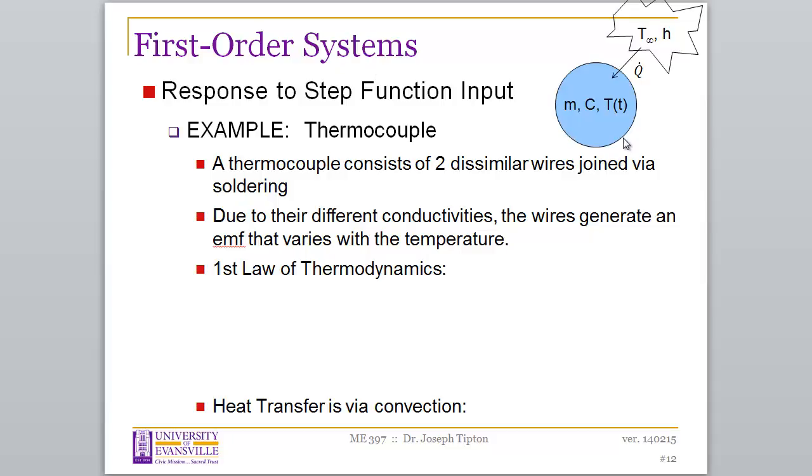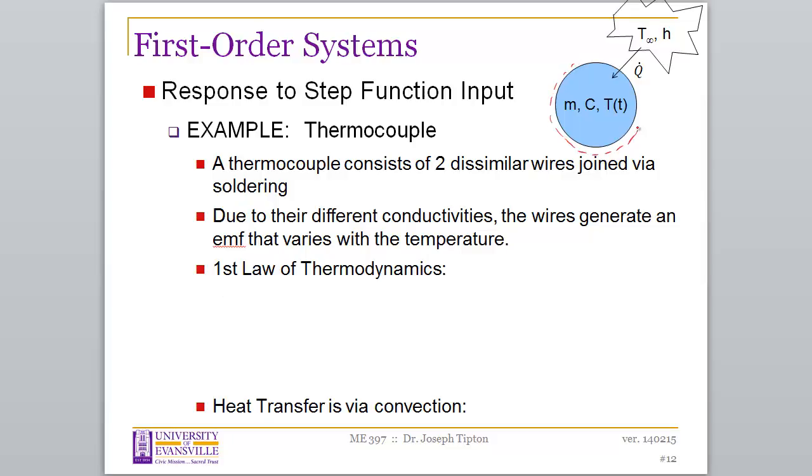Schematically, here's the solder bead. And we know that solder bead has a thermal mass, so it takes time for it to come into equilibrium with its environment. We'll use the first law of thermodynamics to help us model this and see how this is a first-order measurement system. Well, remember, we can write the first law of thermodynamics for a control system.